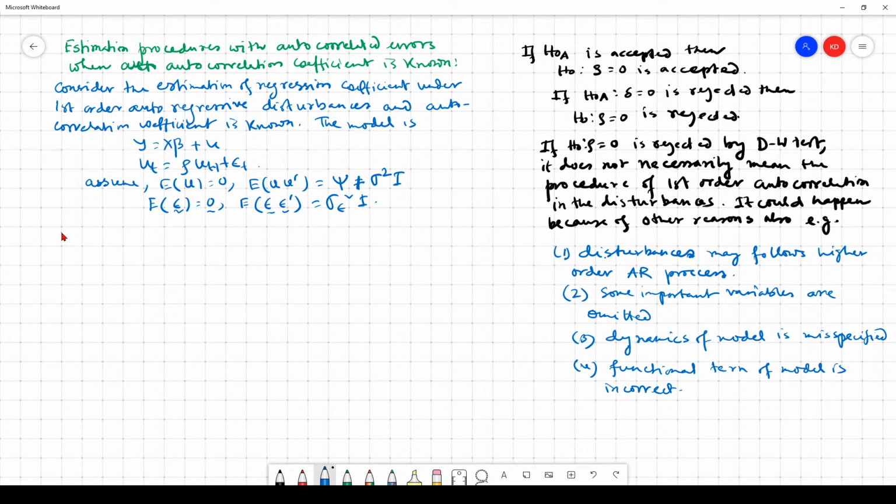Here the OLS of beta is unbiased but in general not efficient, and the estimate of sigma square is biased.